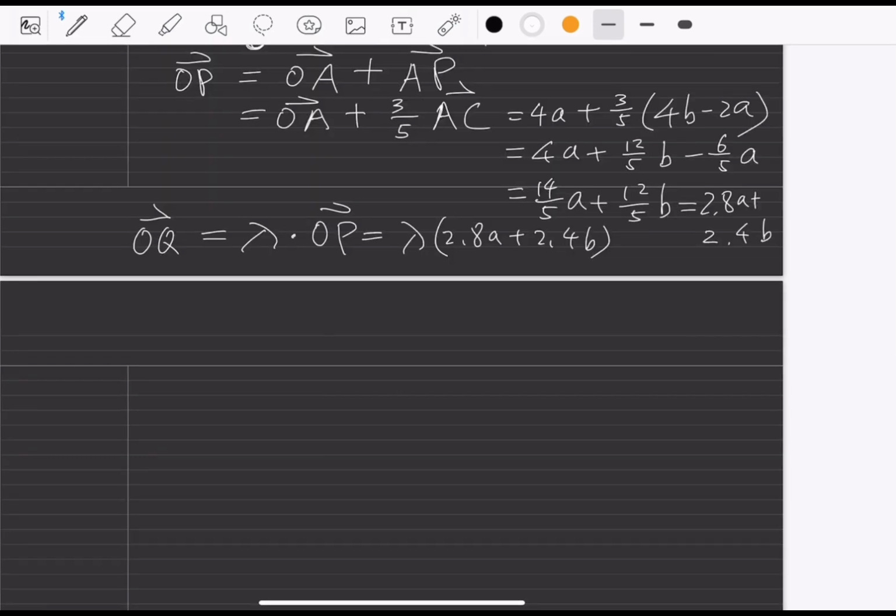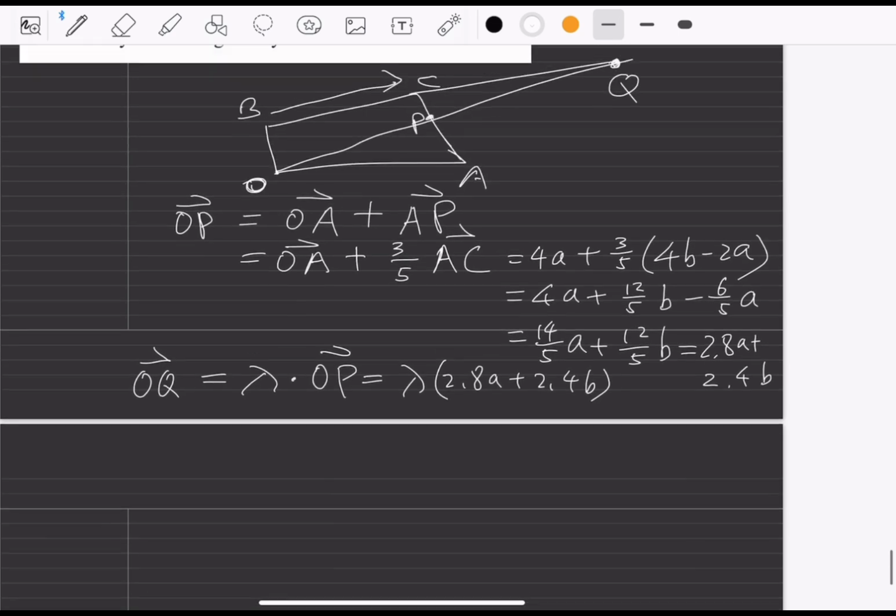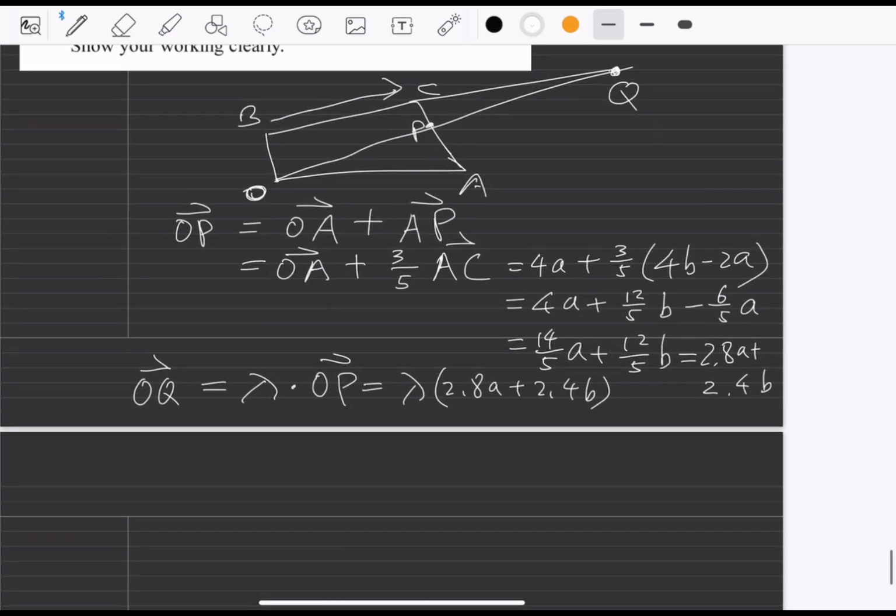And okay, we have OQ from the direction from O to A, then from A to P we got OP, and then OP extended we got OQ. Another direction we can go is from O to B. Let's write correctly: OQ can also be written as O to B plus B to Q.